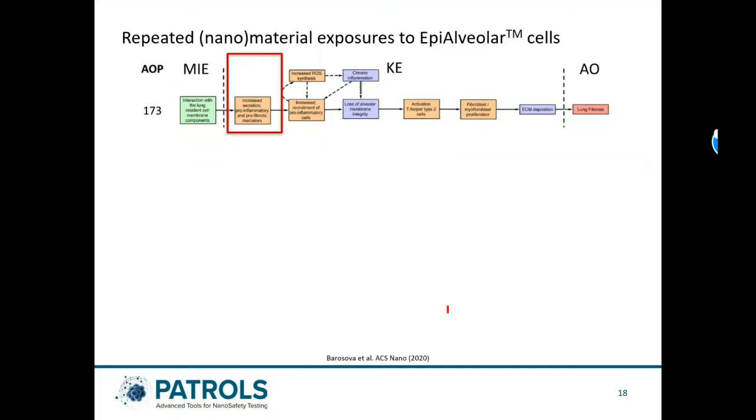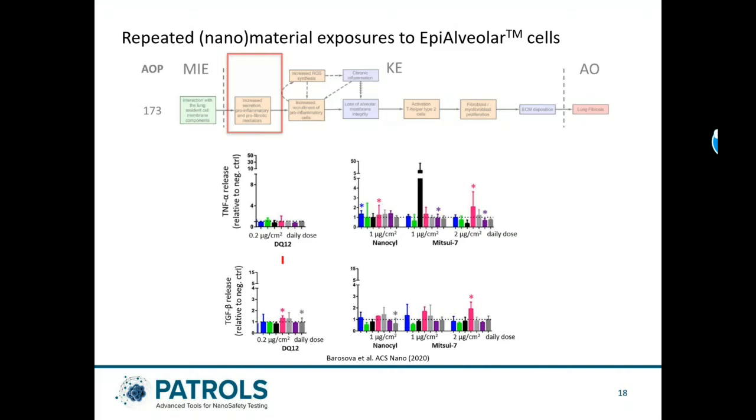Then the next step was to assess some pro-inflammatory and pro-fibrotic mediators. You see here the graphs for TNF-alpha and TGF-beta release, for DQ12, NanoSil, and Mitsui. What is very interesting is that some of the responses only occurred later, after 2 or 3 weeks, and the response was also very moderate.